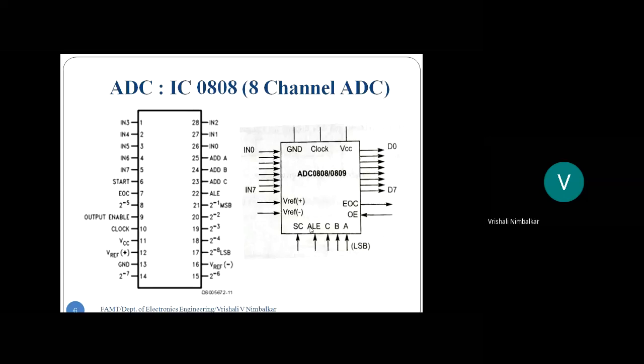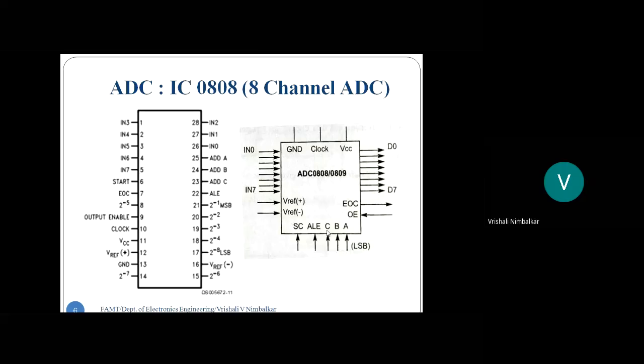Fine. Look into the diagram at the right hand side of your screen. This particular ADC has 8 analog input channels, IN0, IN1, and so on up to IN7. This is where you will be connecting 8 different analog signals. At a time, only one analog signal conversion will be done. Among those 8 channels, which channel's conversion is to be carried out is decided by the address bits. Look at the downside, ABC.